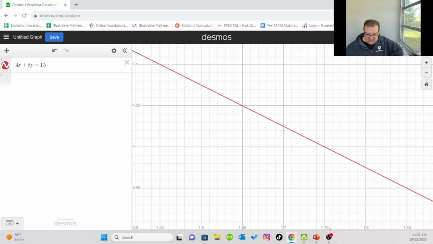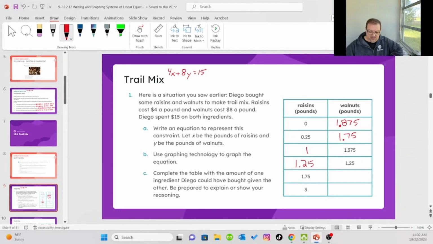If I have 1.75 on the x-axis, I go up until I hit the line. Then from there, I go left to see what the y value is, and I can see that the y value is 1. So that would be my answer right here.